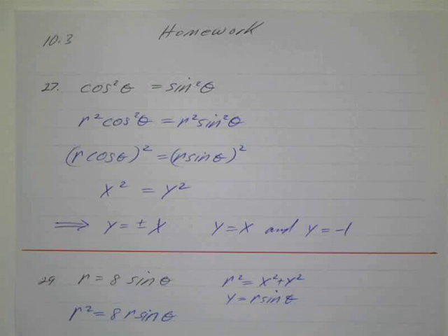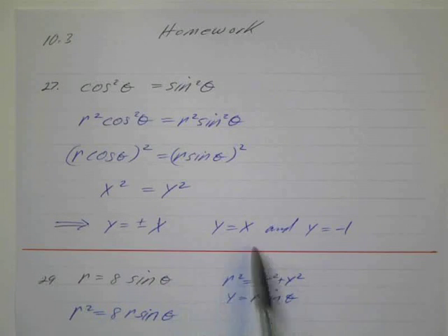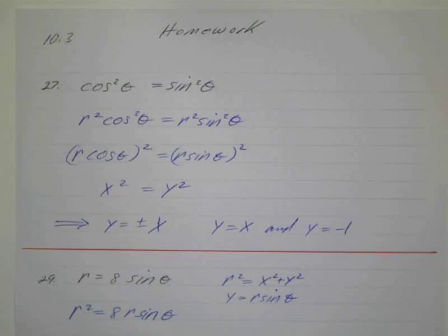This is just a straight line, y equals x, a diagonal line, and y equals negative x. That should be negative x, not negative 1, pardon me. Let me fix that right now.